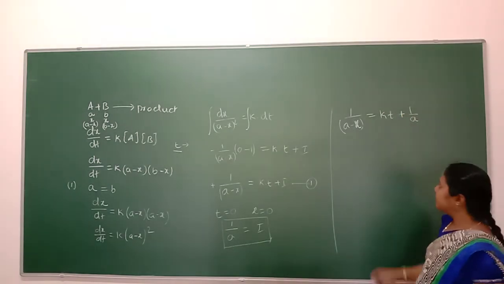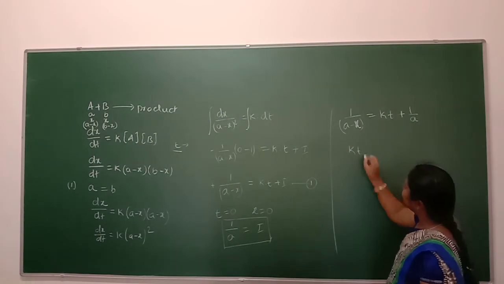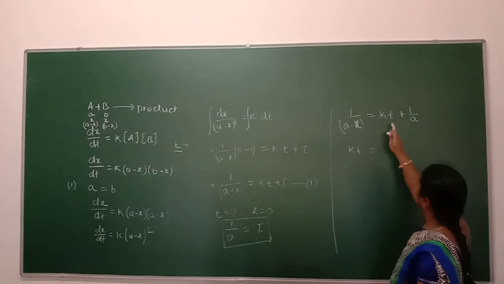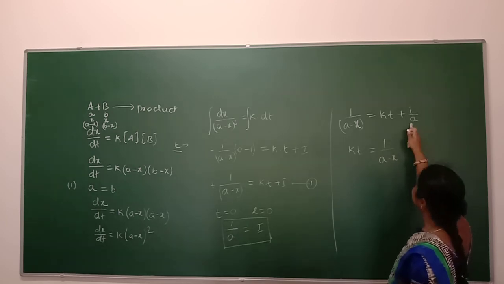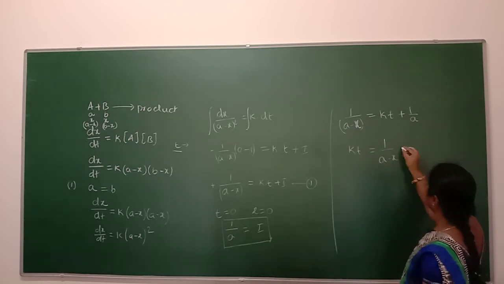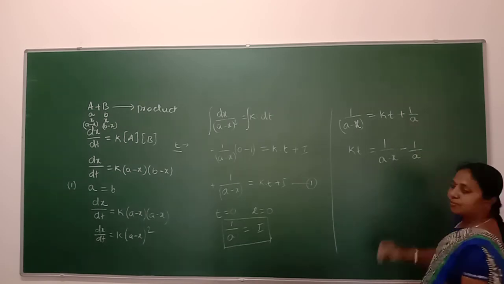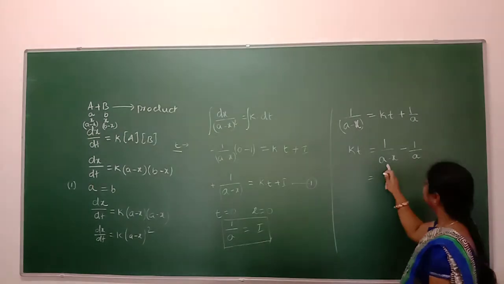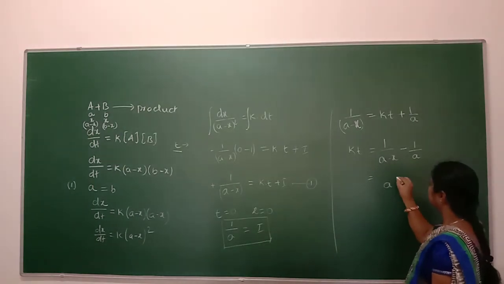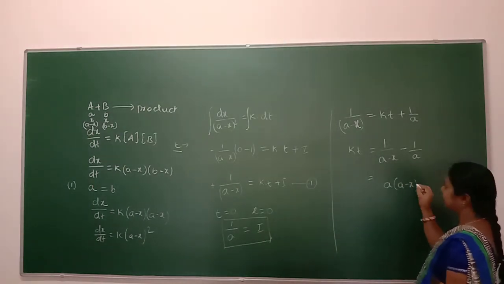On rearrangement, we take kt to the left side, so that 1 divided by (a minus x) stays on the left, and the plus 1 by a becomes minus 1 divided by a. To solve this, we take the LCM between these two, so a into (a minus x) is the LCM.